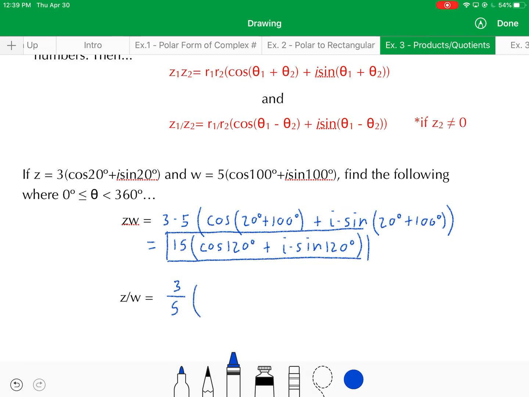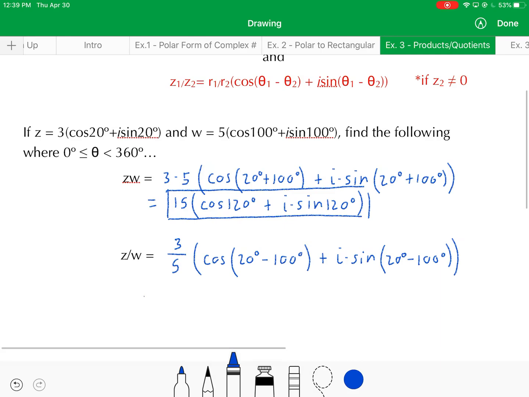And that 3/5 will now multiply the cosine of my first angle measure, 20 degrees, minus my second angle measure of 100 degrees. Order is important here. Notice I'm taking the angle from z subtracted by the angle from w, since my quotient is z divided by w. Okay, then I'll just add on i times the sine of 20 minus 100.